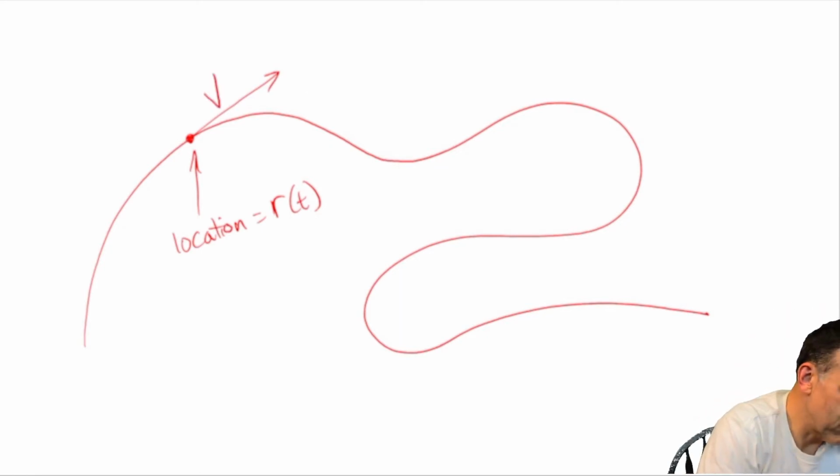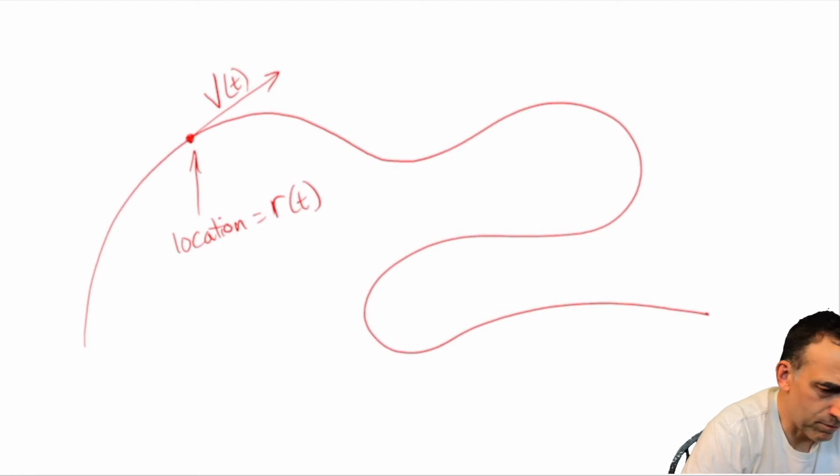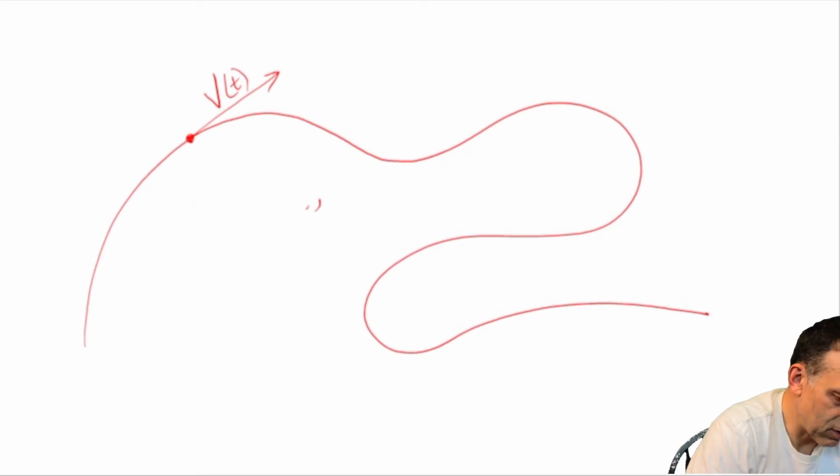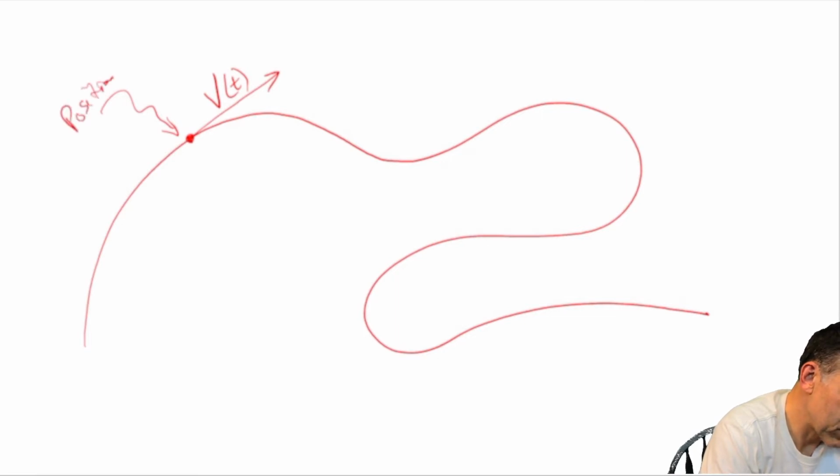So this is v of t. Let's get rid of this location business. Okay, we'll call that the position.